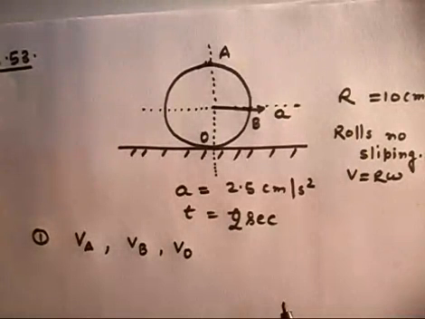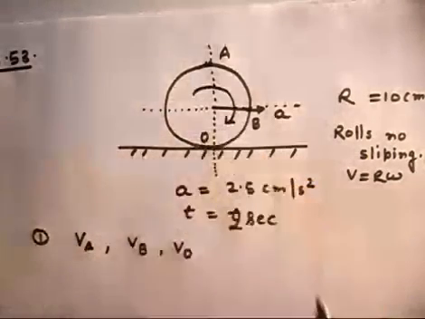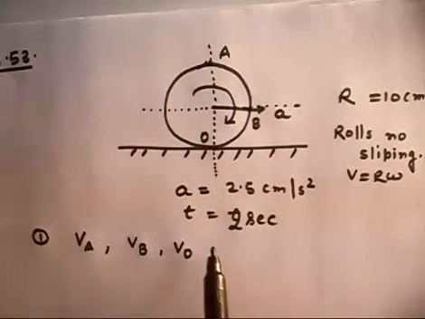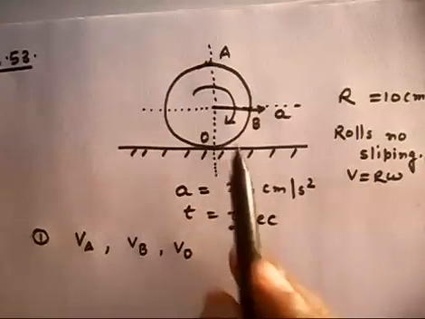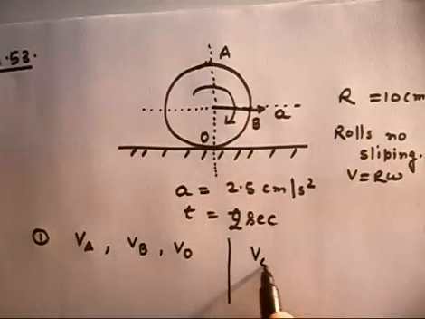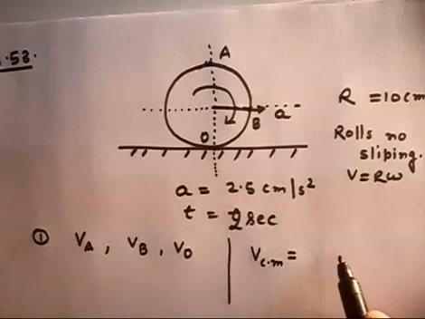Now see, this roll is pure rolling. So this means it is rotating as well as moving. After t is equal to 2 seconds, what will the velocity be? The velocity of center of mass is given by v is equal to u plus at.